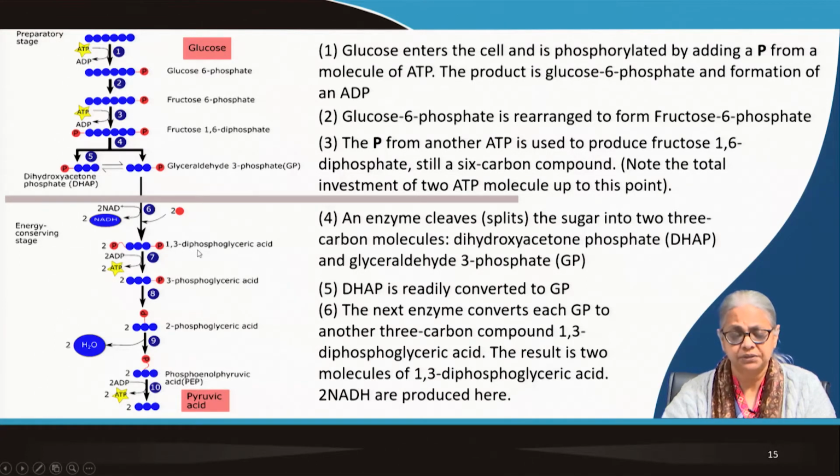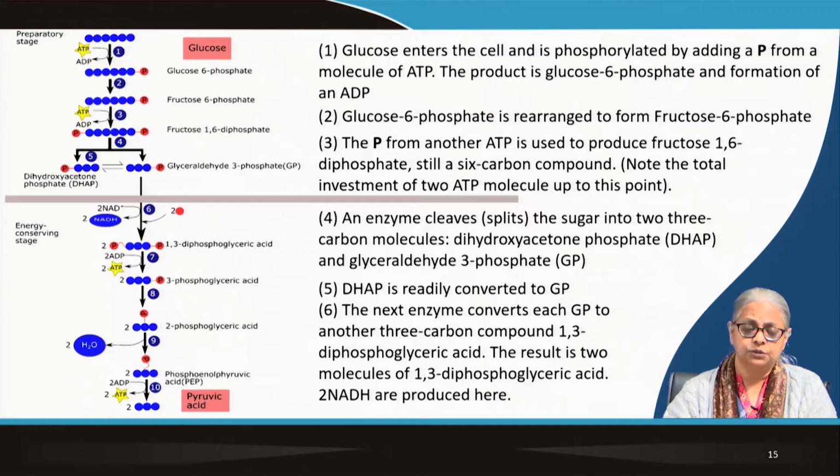This compound is 1,3-diphosphoglyceric acid. So two things happen over here. NAD plus is converted to NADH and a phosphate is added. Two phosphates are utilized. So each of these C3 compounds, which had only one phosphate, now have two phosphates each. Okay, so now we have two of these C3 molecules, each one of them has two phosphates.